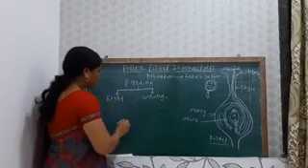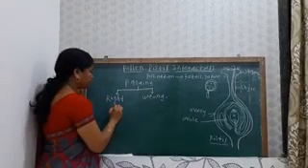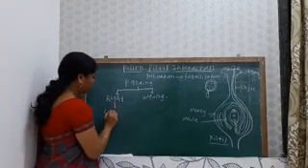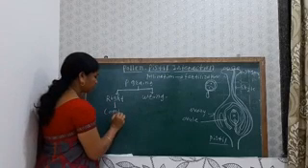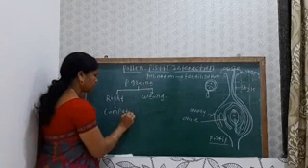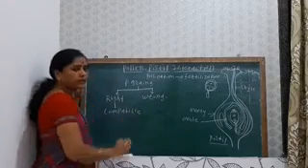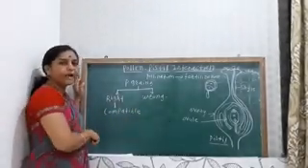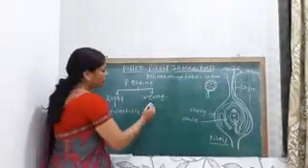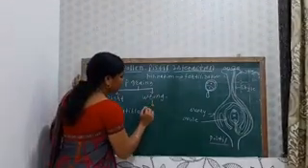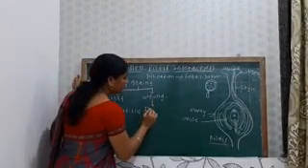The right type of pollen grain is known as compatible pollen grain, while the wrong type of pollen grain is known as incompatible pollen grain.